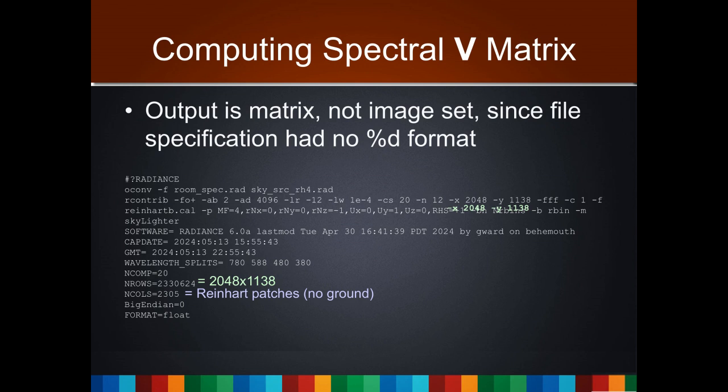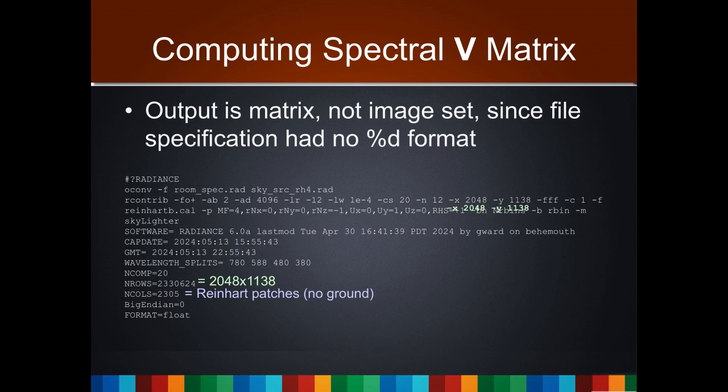Since the output is a matrix rather than a set of images that you would normally use with dctimestep, now we have this huge single output file. This is the header for the output file. I don't know if you can read this, but it says number of components is 20. Number of rows is 2,330,624.